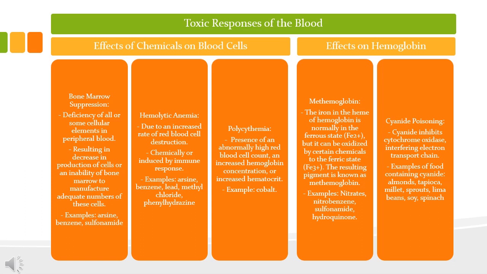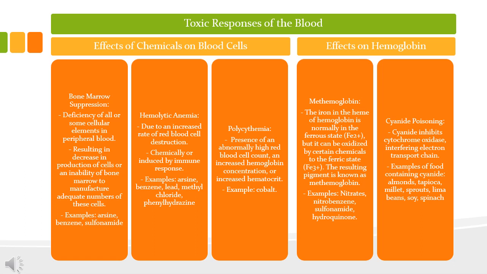The third one is the polycythemia, which is the presence of an abnormally high red blood cell count and increased hemoglobin concentration or increased hematocrit. Example of toxic is cobalt.